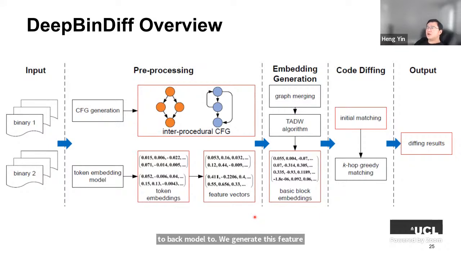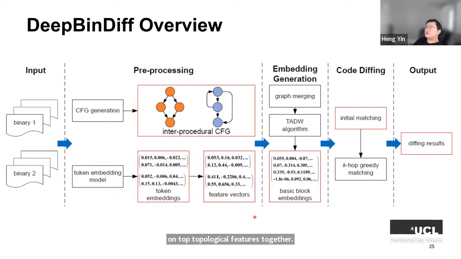And then to learn this inter-block representation, we use a variant of DeepWalk, which we call TADW. I think it's text-associated DeepWalk. Essentially, it combines the block level features and topological features together and learns the final embedding.